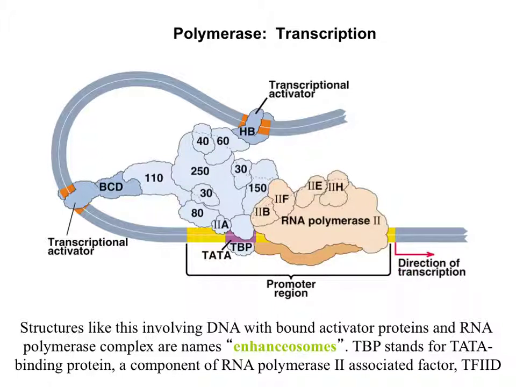In this enhanceosome, there's an important sequence, the TATA box, which is bound by TBP, the TATA binding protein, which then allows for the recruitment of all these other transcription factors and transcriptional activators shown here.